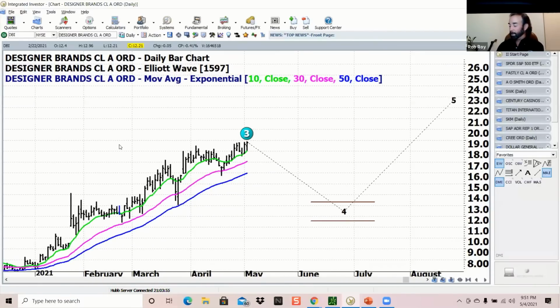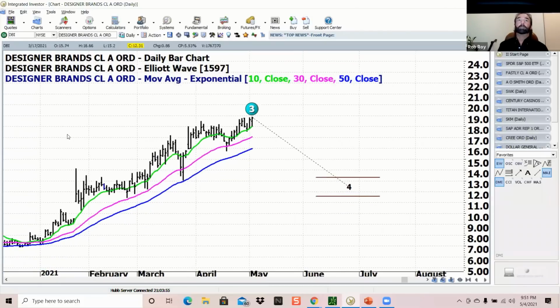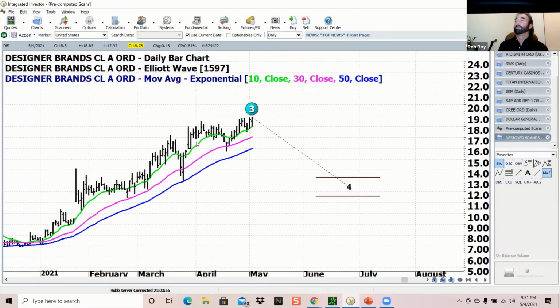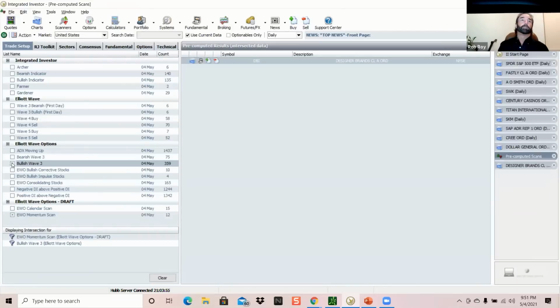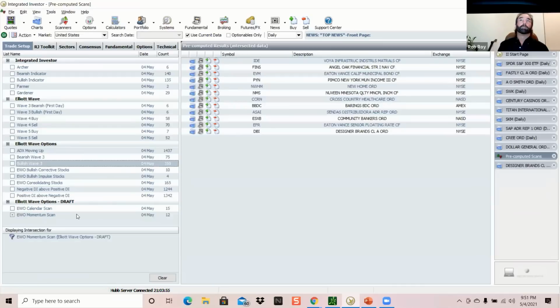We'll take a look at DBI. See where that goes from here. And now let's go back. See if there's anything. See what happens here is with these momentum ones, I don't know these symbols because they're all lower dollar stocks.